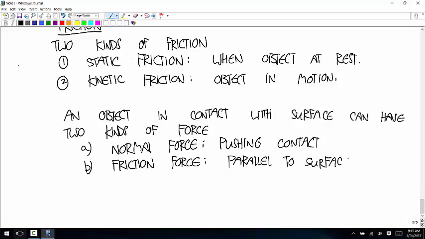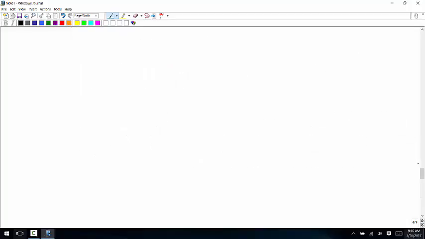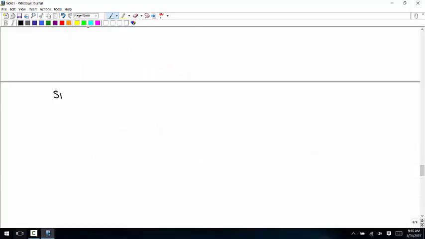What about that pushing contact? How does that direction relate to the surface? Yeah, that's right. So it's just like the stuff we've been doing, perpendicular to the surface. Okay, so let me talk about the two different kinds of friction. First I'll talk about static friction.